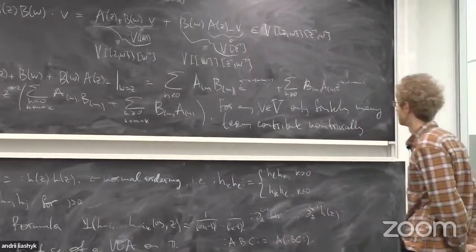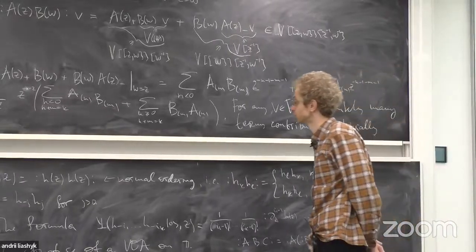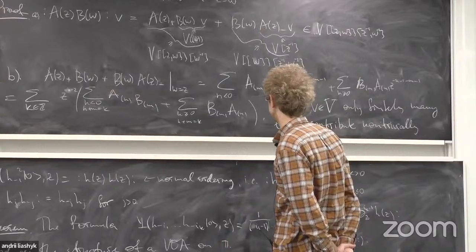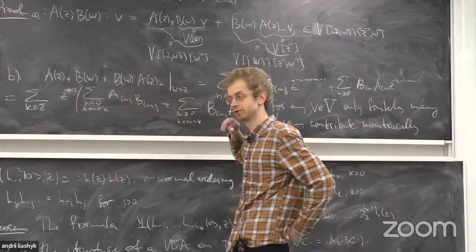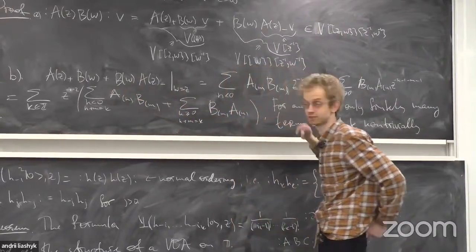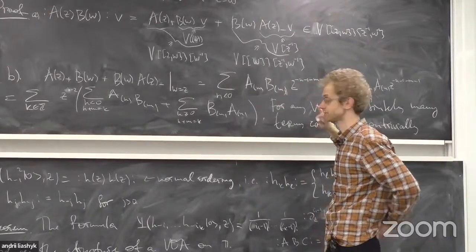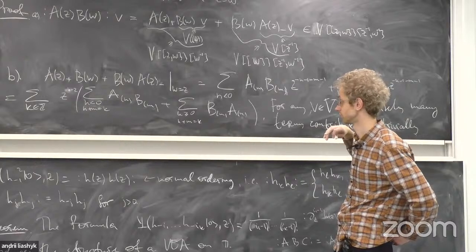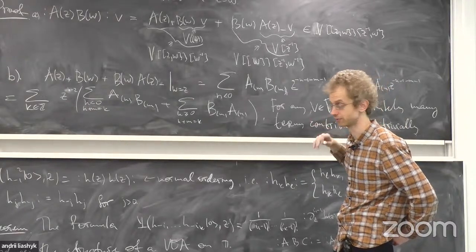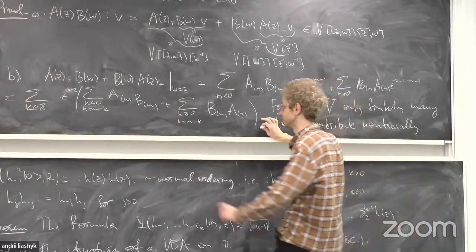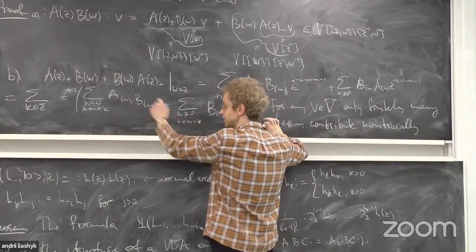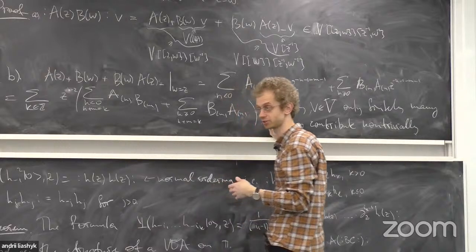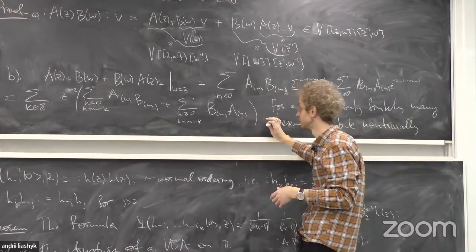Let's see. So suppose we apply the sum to some vector v, and v is, for example, a homogeneous vector of some degree. So then let's see what are the cases which have a chance to act non-trivially on this vector.